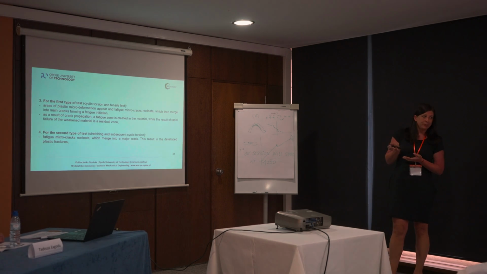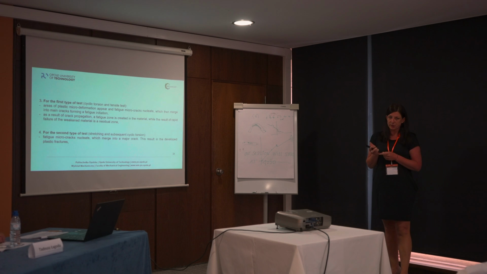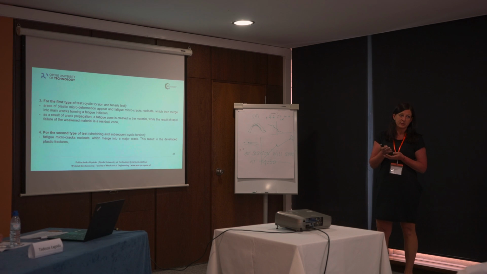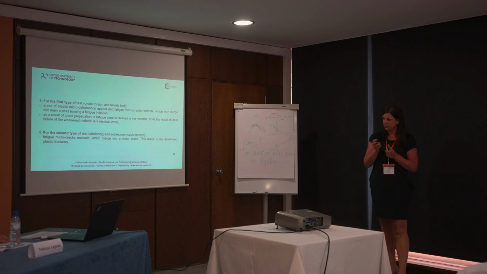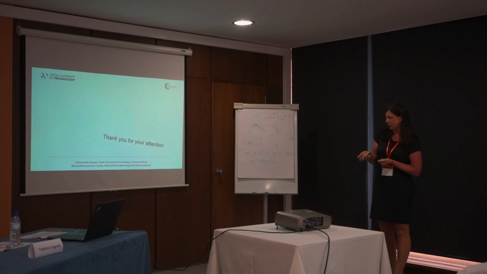Generally, the fracture for both materials is plastic and ductile, and the voids indicate that they were very weak areas of the cross section, and therefore a convenient place for the development of the residual zone. And for the second type of test, the fatigue micro cracks nucleate, which merge into major cracks, and this results in the development of plastic fracture.